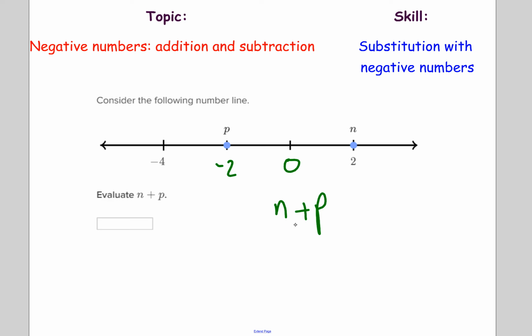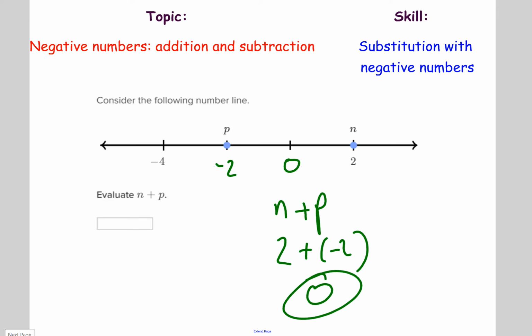Right? Write it out. It's going to make the problem a lot easier to solve. So, or evaluate. N is 2 plus P is negative 2. So 2 plus negative 2 is 0, and that's the answer to this problem.